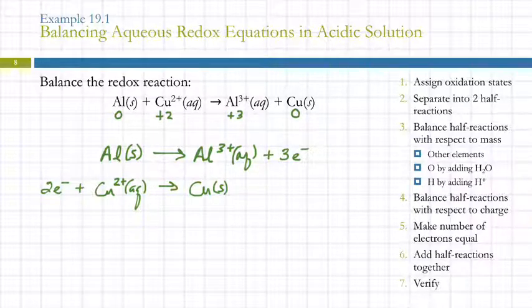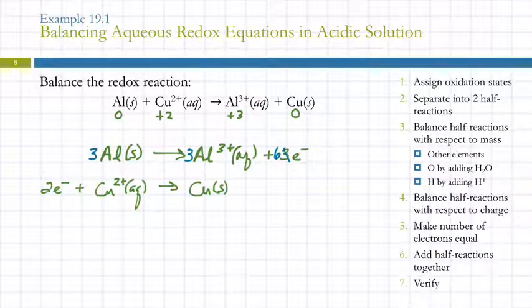So here's where we need to make the numbers of electrons the same. So I've got 3 and I've got 2. I'm looking for the least common multiple, which would be 6. So if I multiply the top equation by 2, and then that becomes a 6. It's still balanced, right?